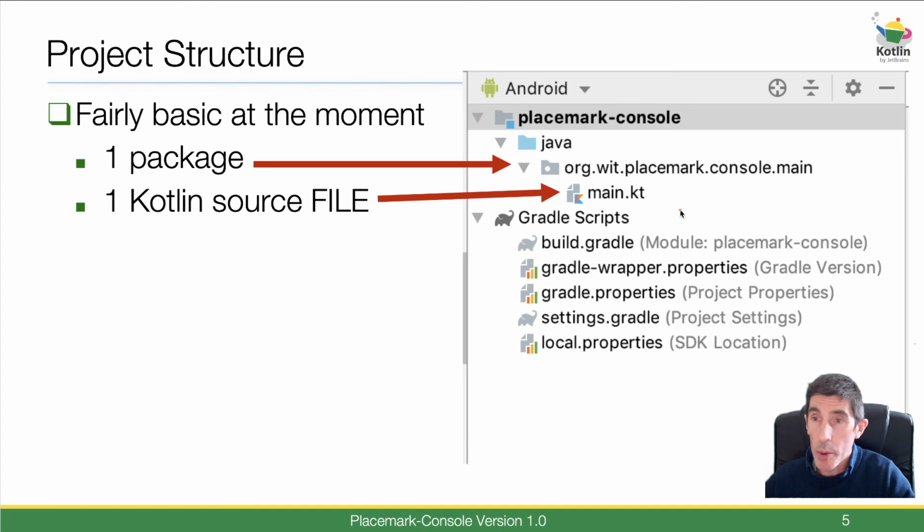When you work through the lab, I highlight that you should make sure it is a file that you create and not a separate class. Again, we will get to classes later. For the moment, we're starting off small, and we will build it up as we go through the weeks and the different versions of our Placemark console app.